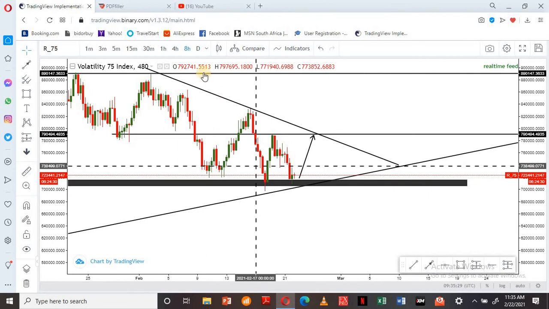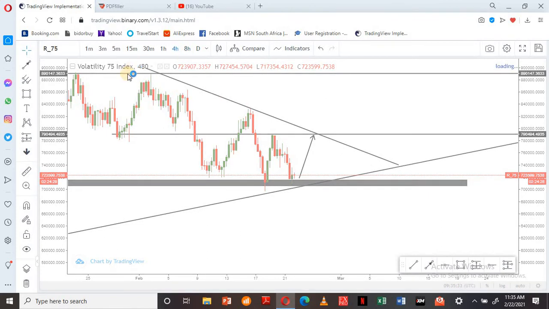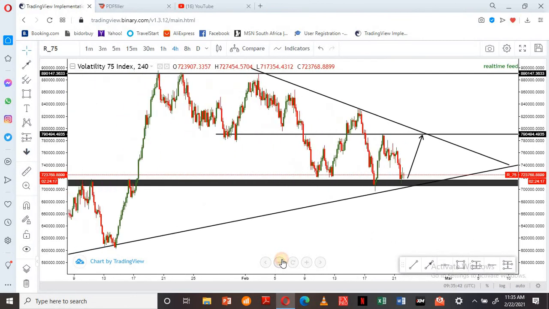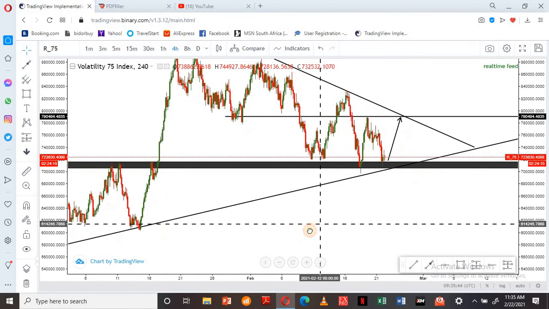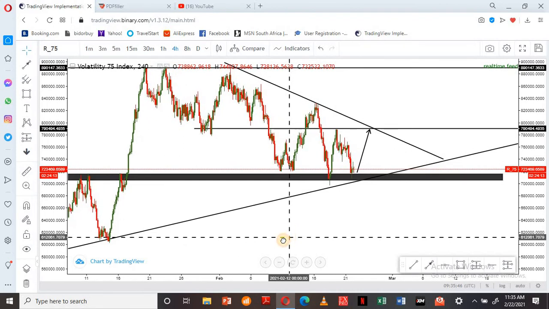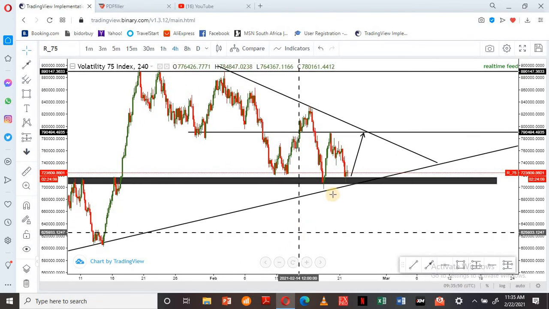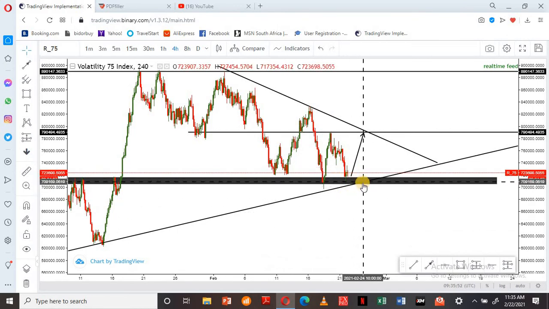So for now, let's dive deeper into the 4-hour chart and see what it has for us. Under the 4-hour chart, we have the same situation, the same thing happening on the 8-hour is happening inside the 4-hour chart.